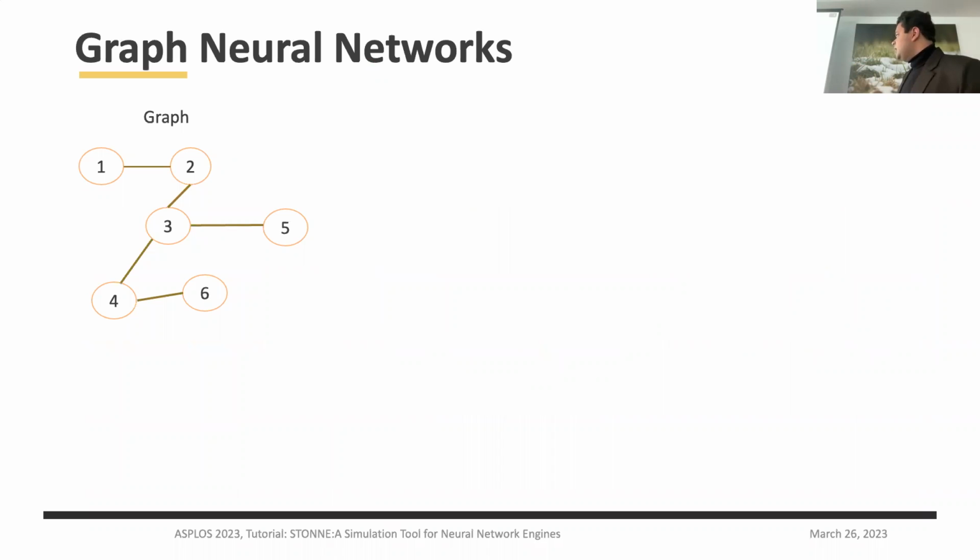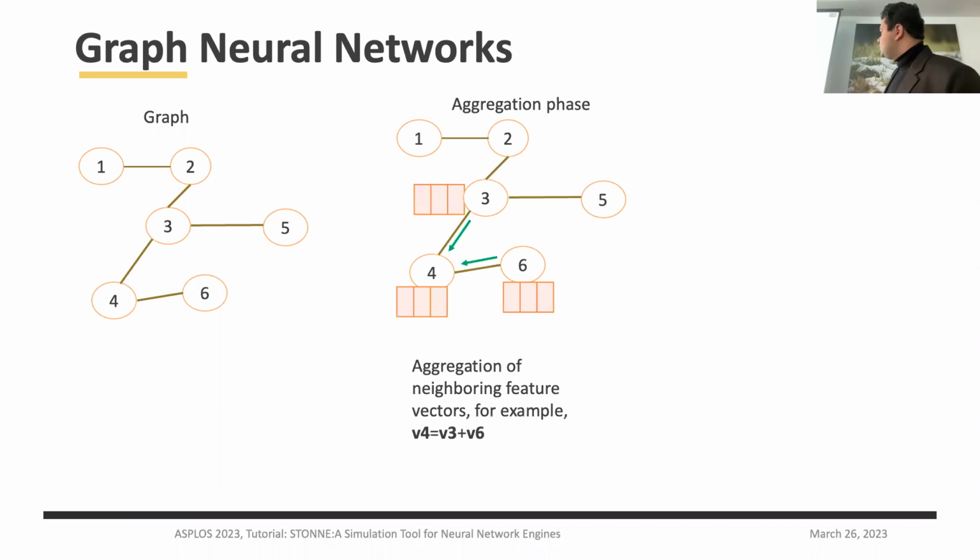Graph neural networks basically learn from this irregular graph data. So we have this graph of various nodes. The aggregation phase is the first phase of graph neural networks, which basically adds the feature maps from all the neighboring vertices.